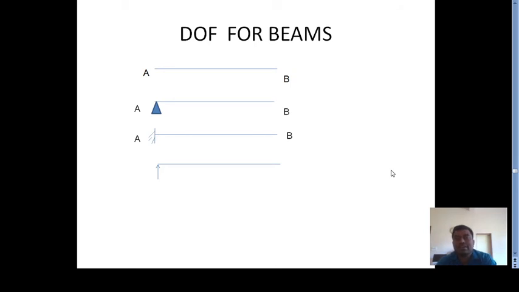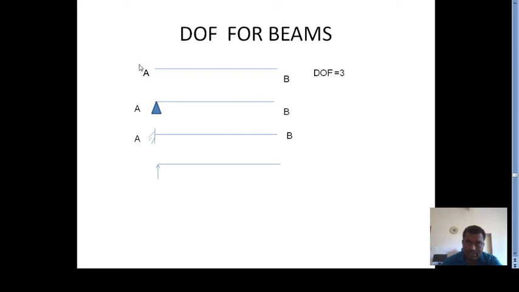Coming to the degrees of freedom of a beam, look at this beam AB, where both ends are free. How many degrees of freedom for a beam here? Here 3, here 3. That means the degrees of freedom will be 3 at support A and also at support B. The first is horizontal, the second is vertical, and the third is rotation.